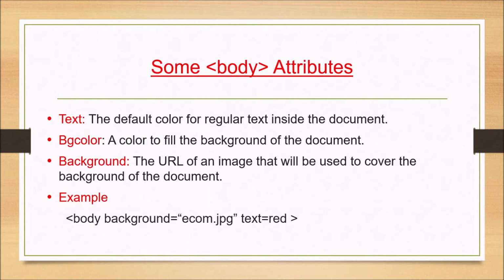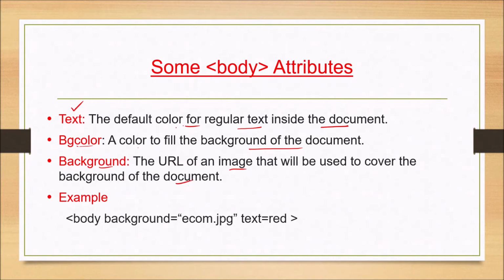So here are some body attributes: text, bg color, background. For the default color for the regular text inside the document, you can use the text attribute, and you can use the bg color attribute to fill the background of the document, and you can use the background attribute to set any image that will be used to cover the background of the document.